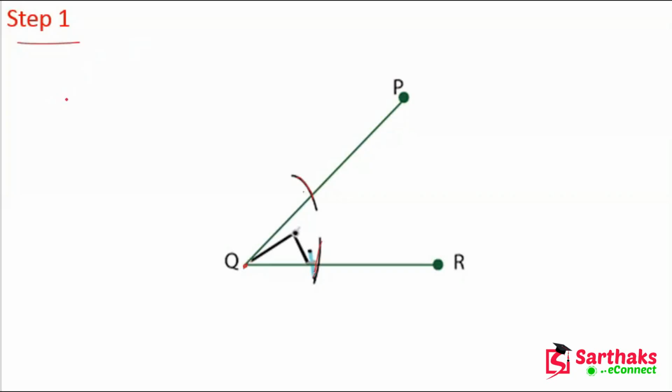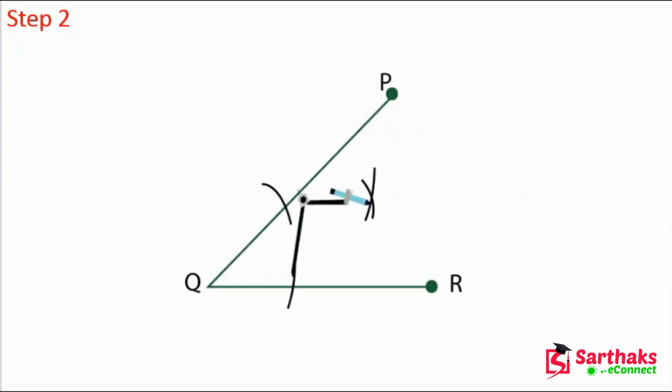Now step number 2: we have two arc points, one on PQ and one on QR. From each of these points we have to cut another arc, interior towards the angle, so that the arcs meet at a point.